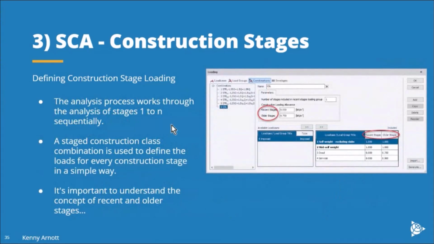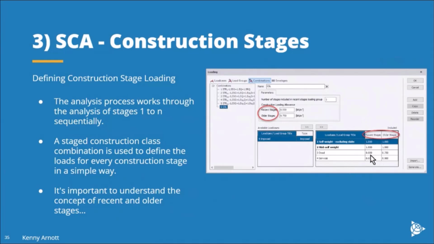Again, as I showed in the video, you describe the loading that you apply in this one dialogue, where you use load cases that you would normally have defined for the ultimate limit state loading cases, load combinations, but you perhaps use them a little bit differently in here. So in this dialogue, we've got this concept of recent stages and older stages as we apply the loads.